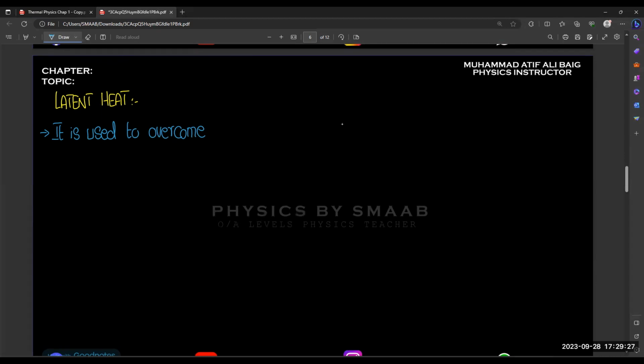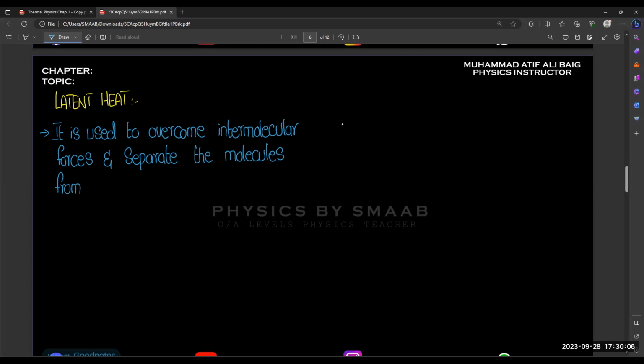And we use latent heat to overcome the intermolecular forces and separate the molecules from one another.